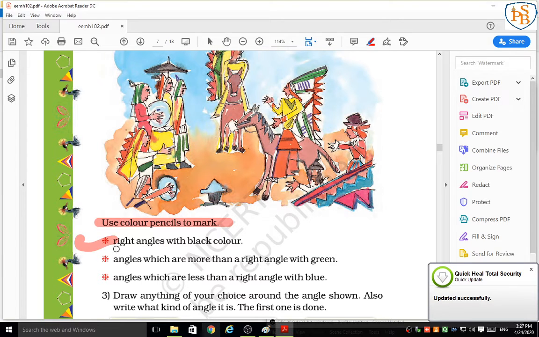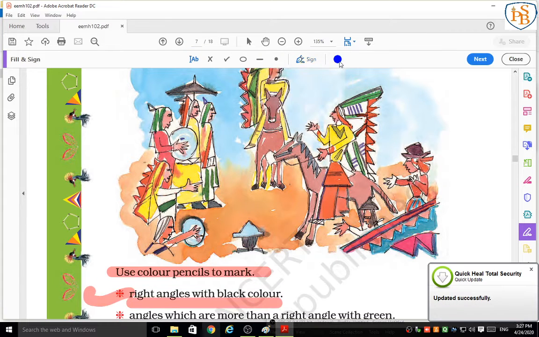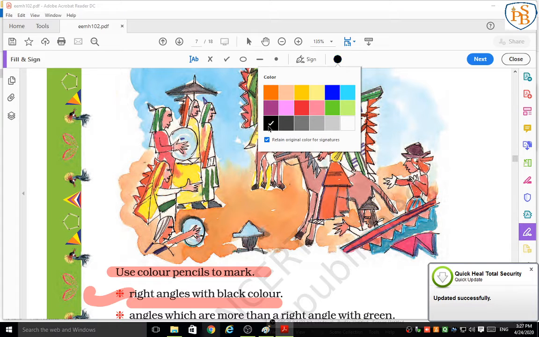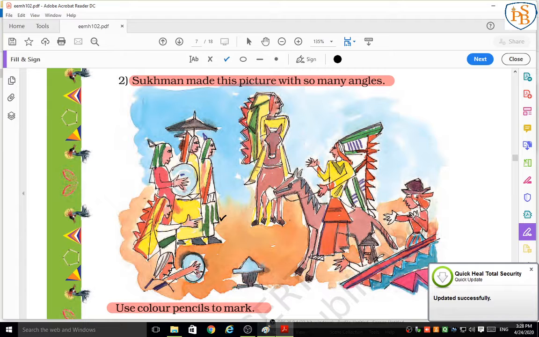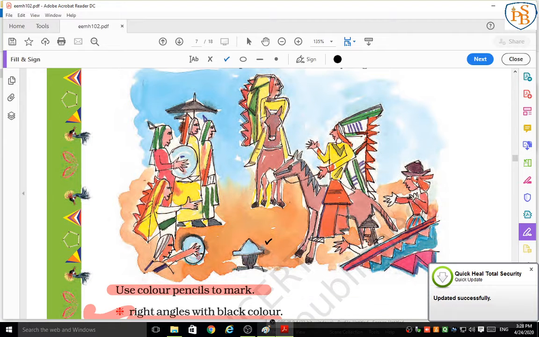So we'll start. First we will mark a right angle with black color, okay students. We take the black color, and with it we have to mark the right angle. Can you tell me where the right angle is? Just search, students, and see where the right angle is.